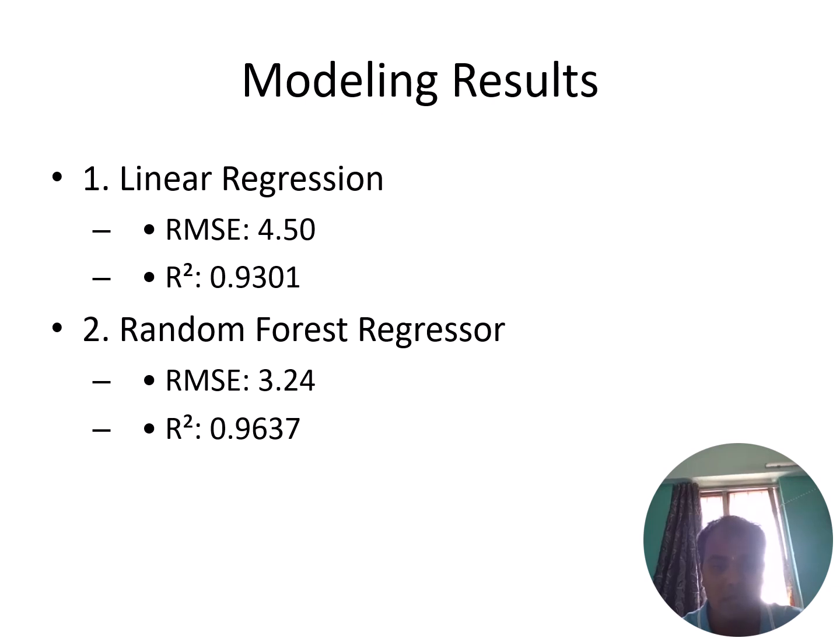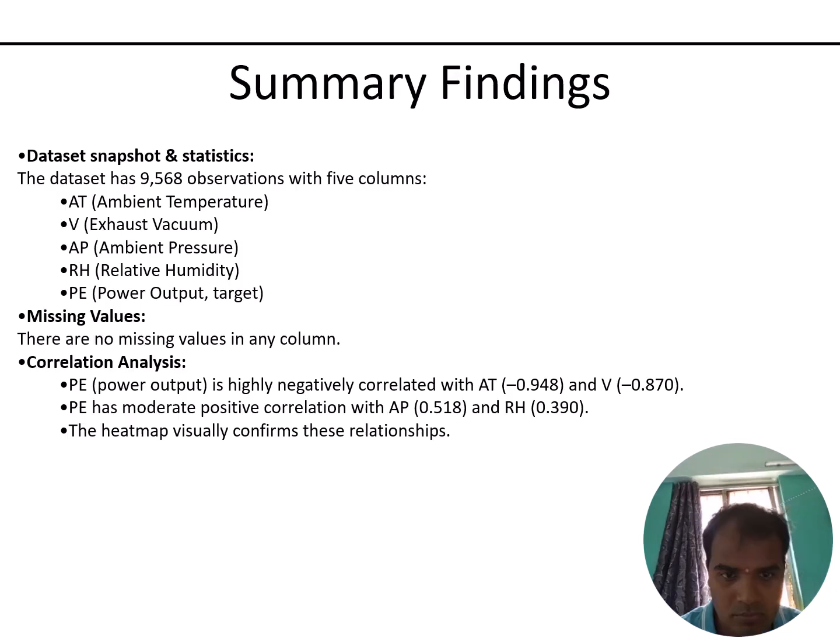It means that the error reduces when we pursue this problem using random forest regressor, whereas the R square, that is the accuracy of prediction, increases from 93 to 96% when we use random forest regressor as compared to the linear regression model.